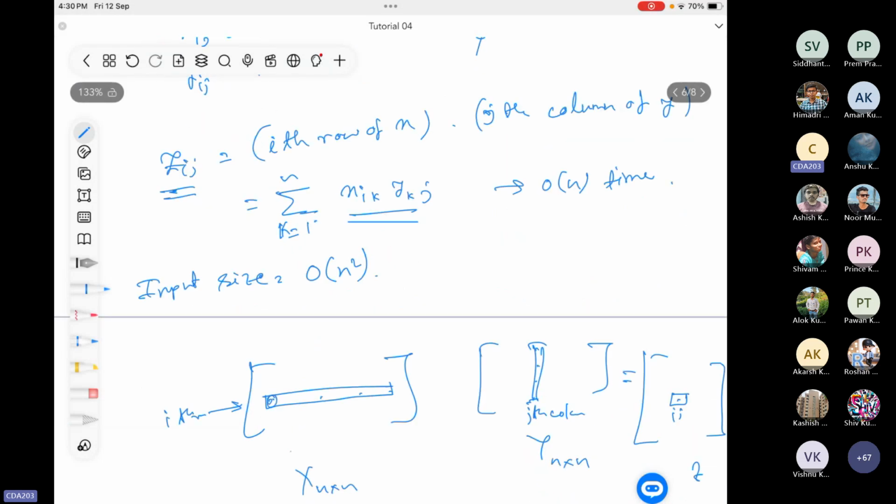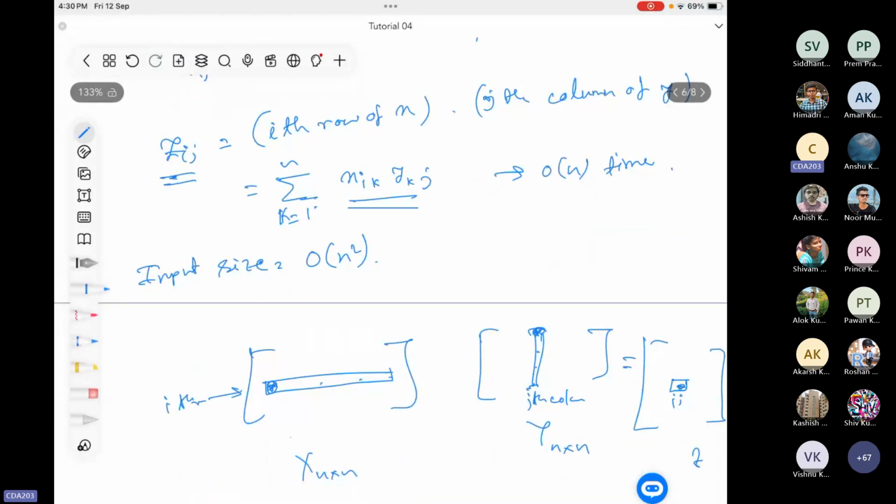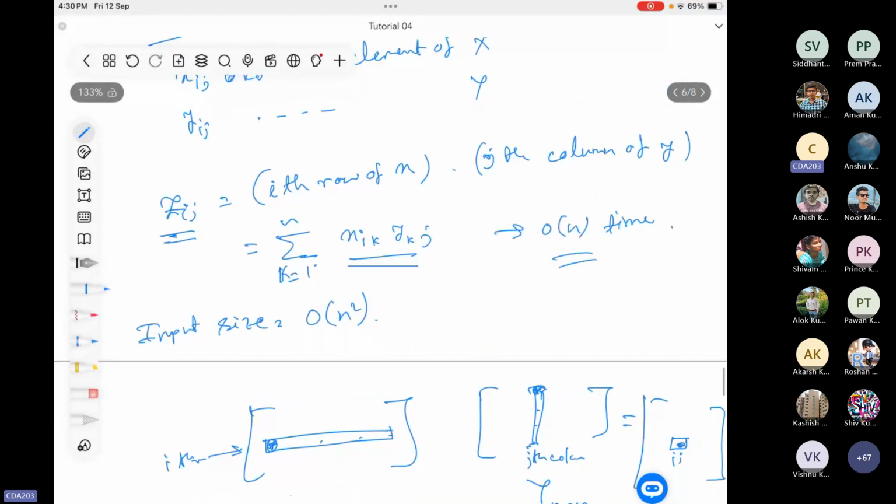And we are multiplying one entry in here to another entry in here. We know that we can access one element of a matrix in constant time. So how many multiplications are we doing while determining one element Zij? Order n multiplications, right? And how many Zijs will there be?